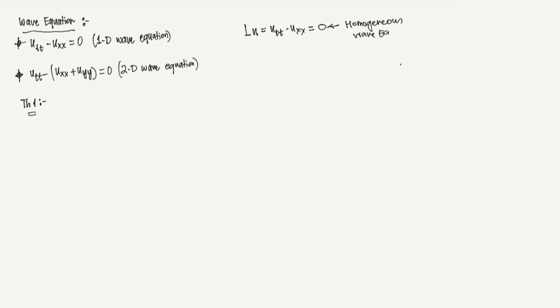And if L of u equals utt minus uxx equals some function g, where g can be 1, 2, a function of x and y, just a function of x, or just a function of t, then this is called the inhomogeneous wave equation.